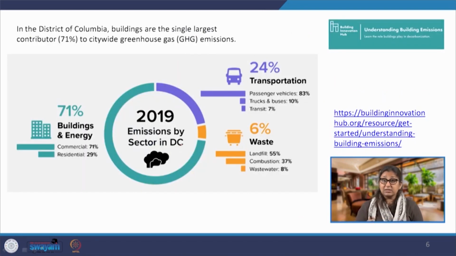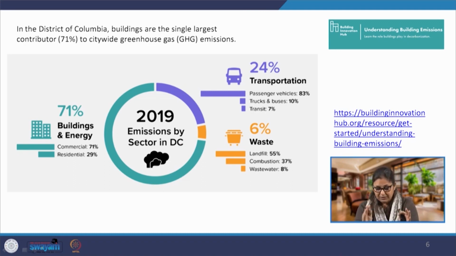If we look at certain examples, in this case the District of Columbia, buildings are the single largest contributor, at 71%, to the city-wide greenhouse gas emissions. If we look at the world, which we have already seen, on average they contribute around 25% of the total emissions, and in certain scenarios we are seeing very high numbers.